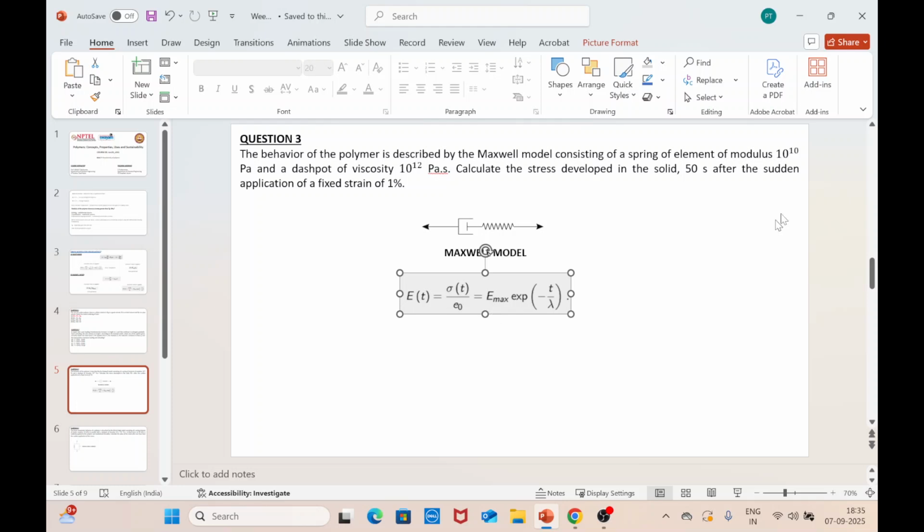You can use this modulus as this E_Maxwell. So using this equation, we now need to calculate the stress developed.